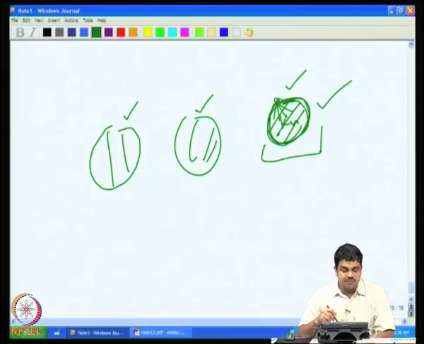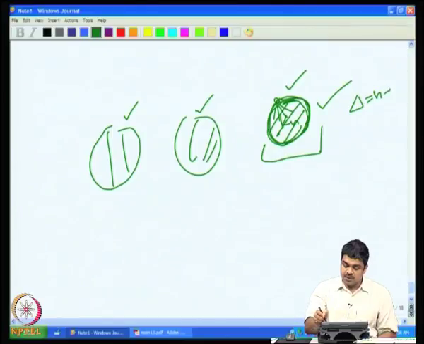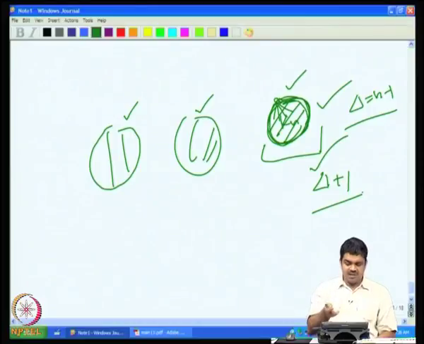In fact, I want to say that if the maximum degree comes from this component, then delta equals n minus 1, and because of this clique we have to give delta plus 1 colors. Similarly, one of the components can be an odd cycle. So let us forget this kind of situation.